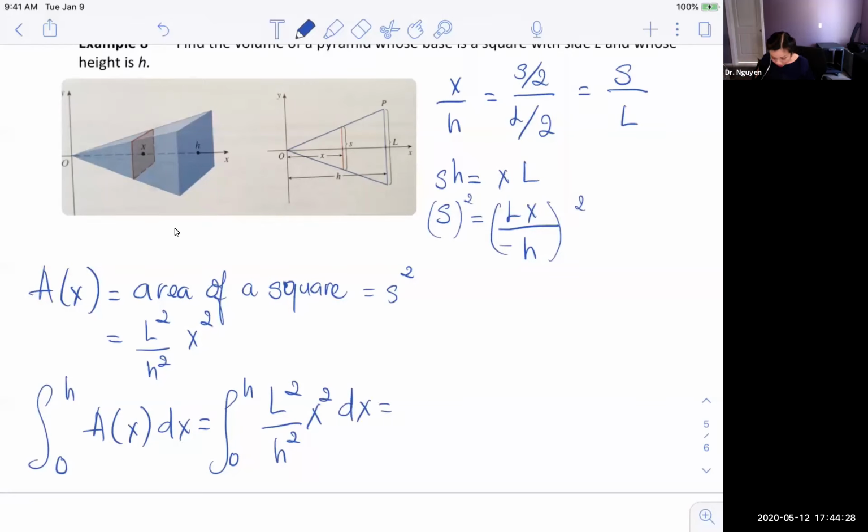Notice that in this case, L squared and h squared are just constants, so I can just take them out and then I integrate x squared. So I get x cubed over 3 from 0 to h. So I'm going to end up with L squared h over 3.